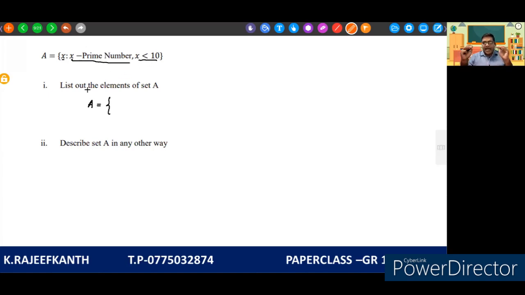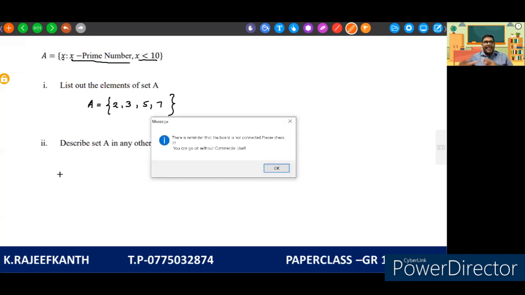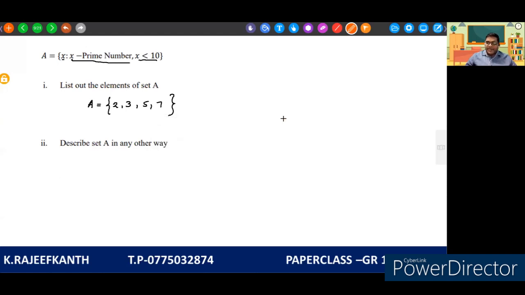So we have to write all the prime numbers less than 10. Right? Then 2, 3, 5, 7. These are the prime numbers less than 10. So these four numbers are elements for this set A. Now describe set A in any other way.